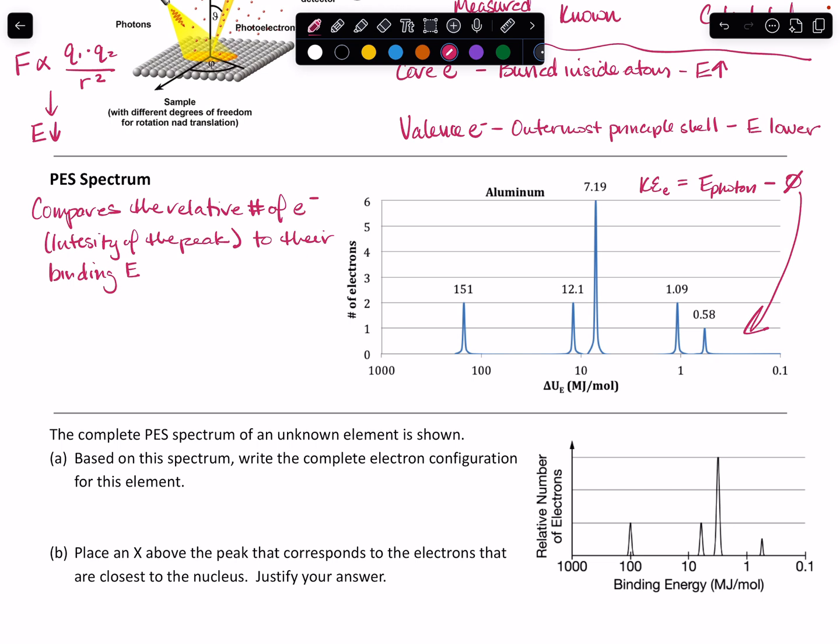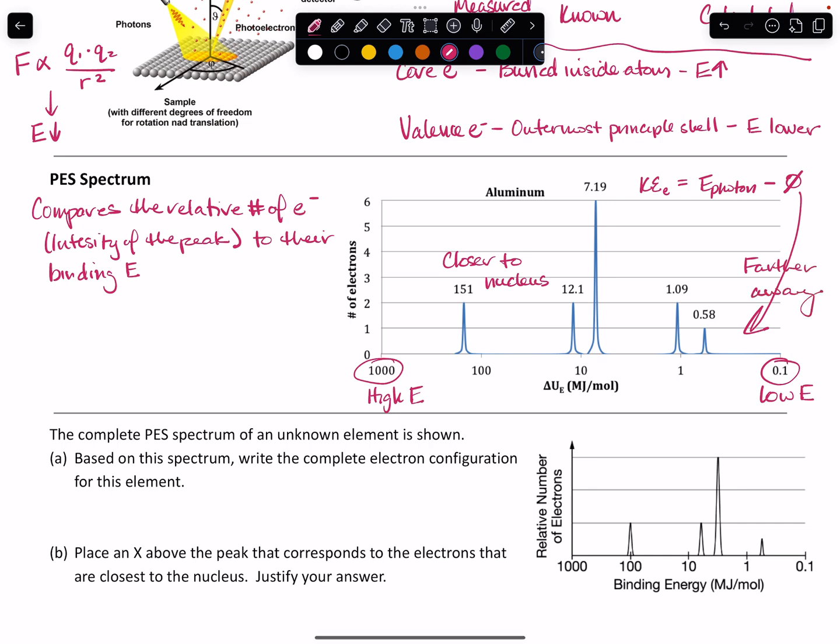Now you can see that this x-axis runs from big to small numbers. So this is your high energy and this is your low energy, which means these are closer to the nucleus and these are farther away.